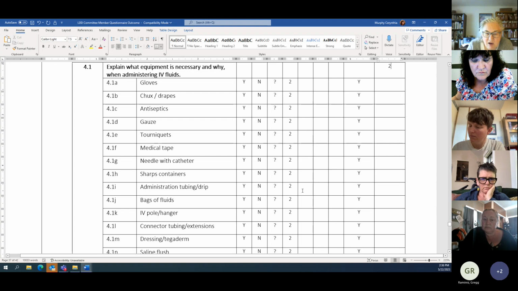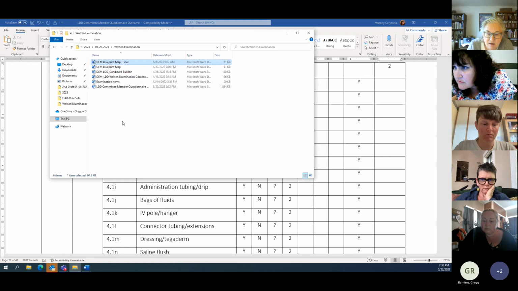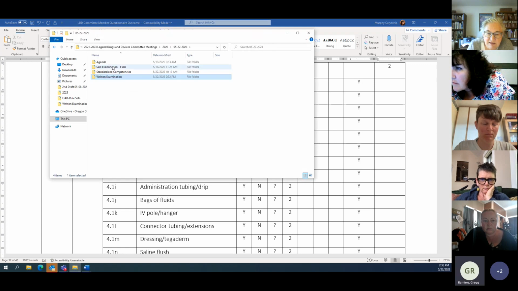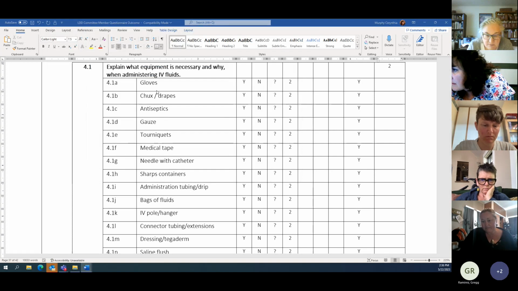So, Cynthia, how are we handling? Are we sending out little kits to testers that have everything in it that they need to do the testing? Or are the students providing it? Let me look at what the skills exam says. Hang on just a second. It has a list of what's needed, but it doesn't say who provides it.